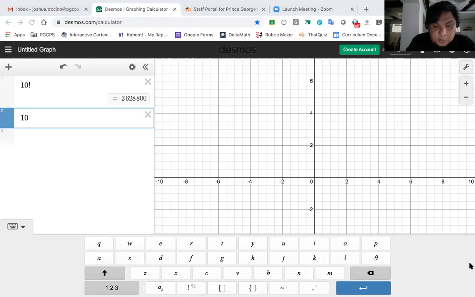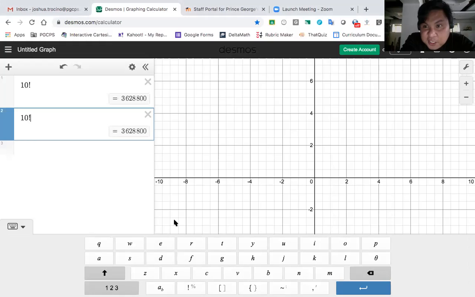Let me move this one. There we go, I'm sorry. It should be under the letters. So you click on the letters here. Then you choose this exclamation mark, the factorial symbol, solved.